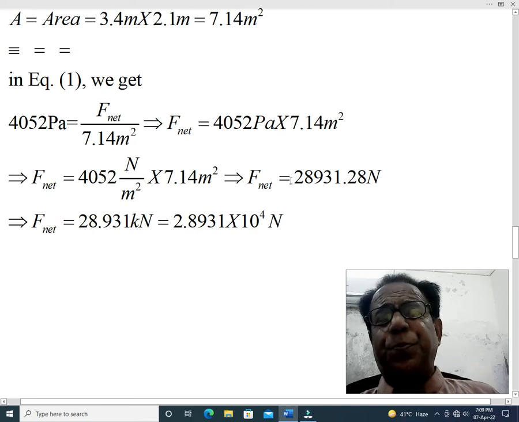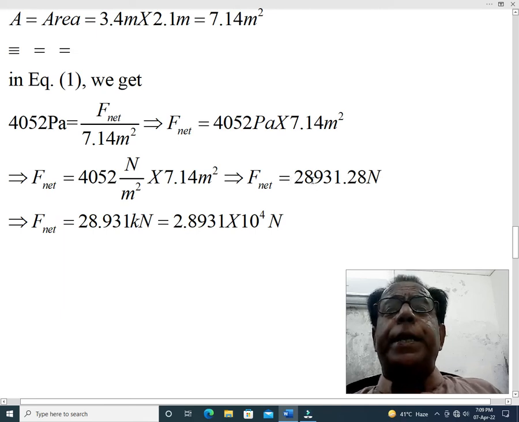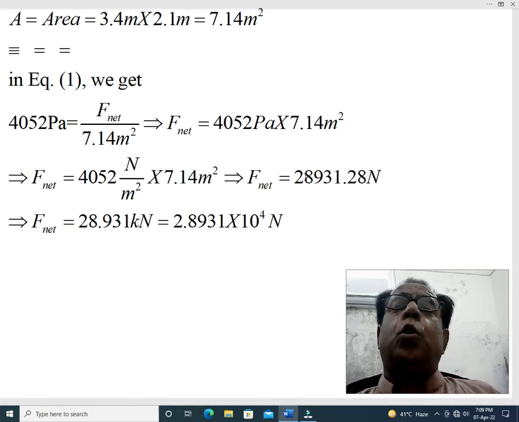However, we can write this term as 28.93128 kilonewton or 2.893128 into 10 raised to the power 4 Newton.